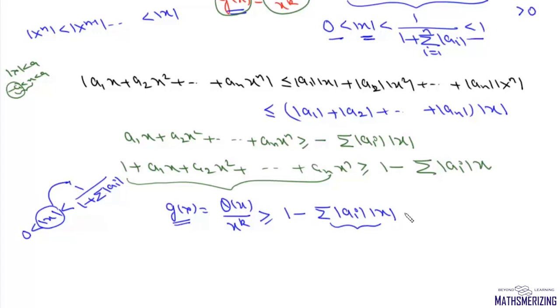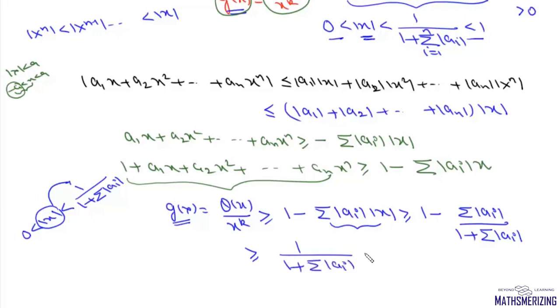So we can write this gx is greater than or equal to 1 minus summation mod ai upon 1 plus summation mod ai, which is 1 upon 1 plus summation mod ai, and which is clearly greater than 0. So that means when the value of mod x lies between 0 and 1 upon 1 plus summation mod ai, then the value of this gx is always greater than 0, and that's your first part.